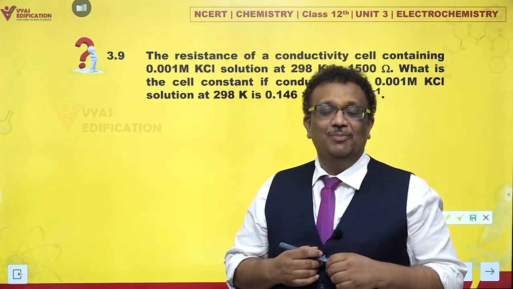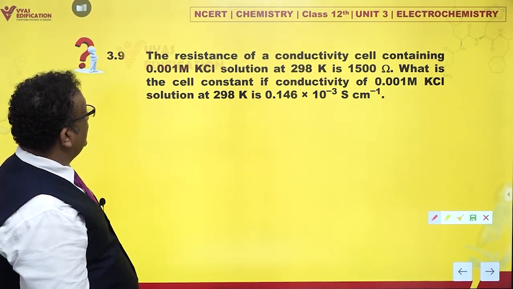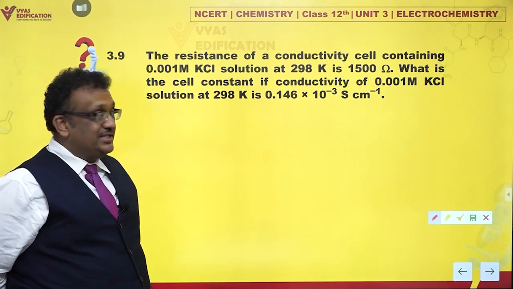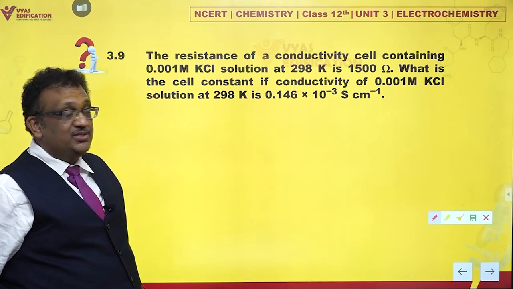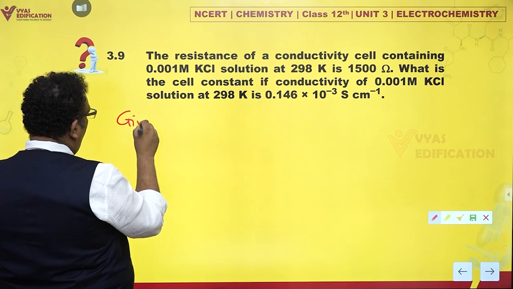And this question talks about the very basic or simple idea or the definition of cell constant. It says, the resistance of a conductivity cell containing 10 to minus 3 molar KCl solution at 298 Kelvin is found to be 1500 ohms. Let me just keep noting what is given.